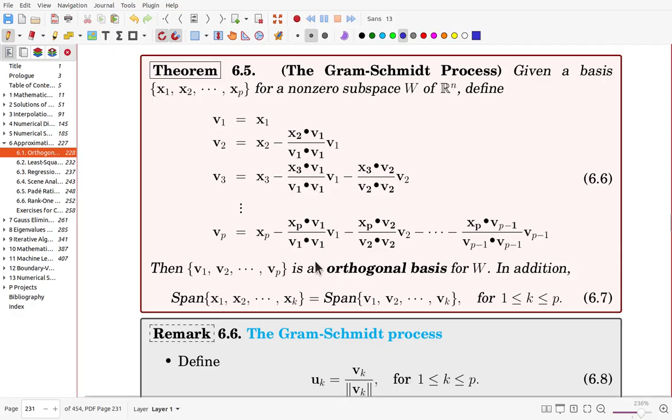Of course, the projection is an orthogonal projection. Then the leftover remainder part must be orthogonal to the earlier space, and that is chosen to be the new basis entry. Okay, that's the Gram-Schmidt process.